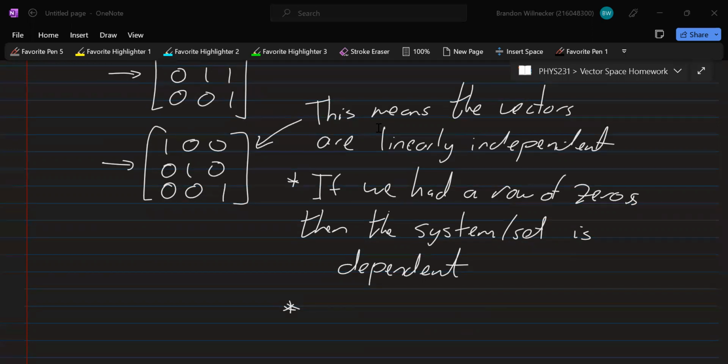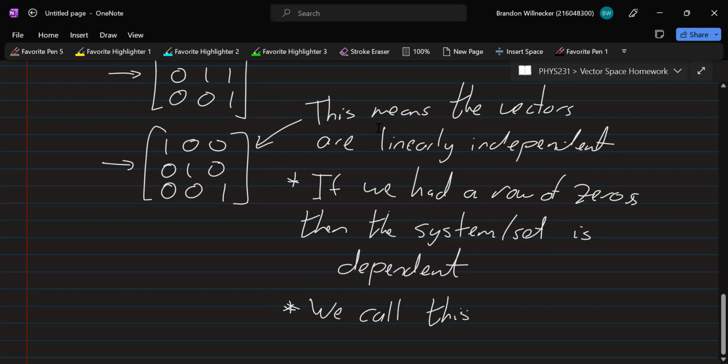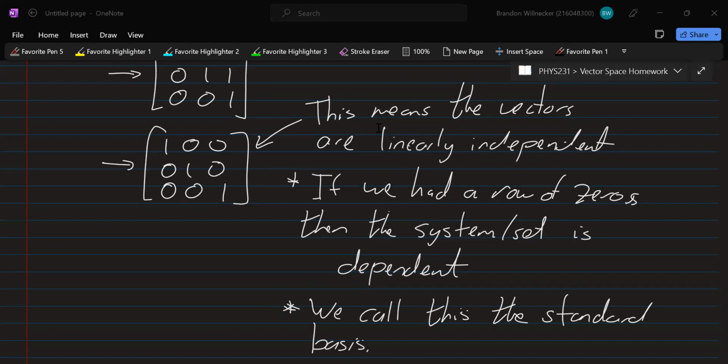We call it the standard basis. But don't give too much importance to the standard basis. We can use any basis we like. So we have that choice of picking a basis.